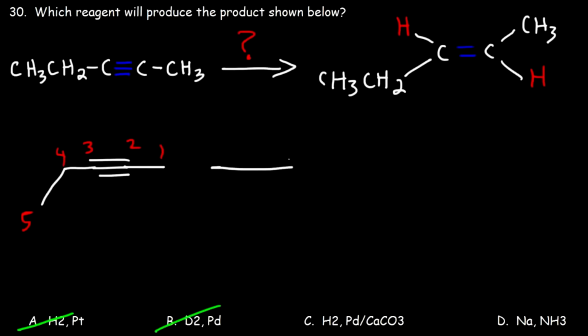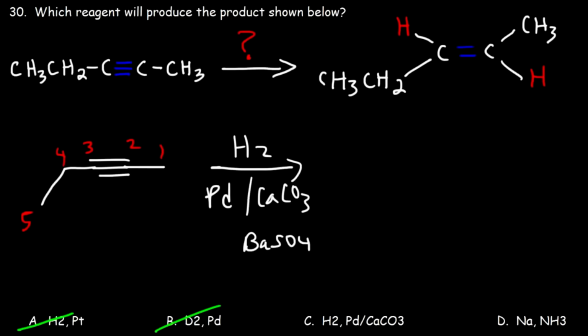Now what about mixing hydrogen gas with palladium over calcium carbonate? What's going to happen? This is basically the Lindlar's catalyst. The Lindlar's catalyst is basically hydrogen gas using a palladium catalyst, but it's a deactivated palladium catalyst. It's deactivated once you add an ionic compound to it. Instead of calcium carbonate, you can add barium sulfate.